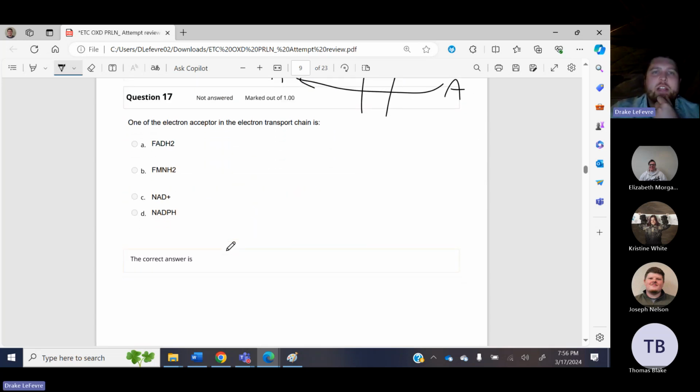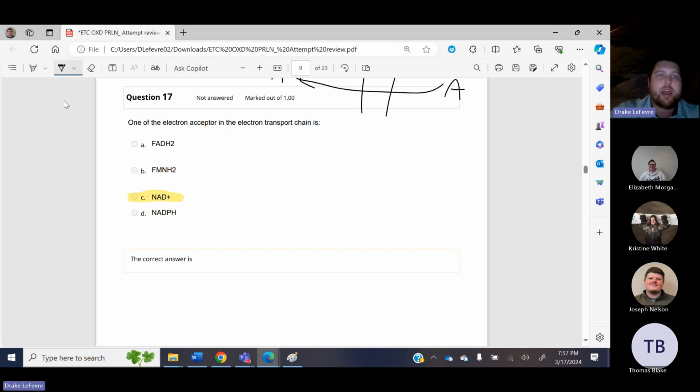Okay, one of the electron acceptors in the electron transport chain is blank. NAD plus. Yep, NAD plus because it's the only one that is not fully saturated and it can accept electrons because it already has a positive.